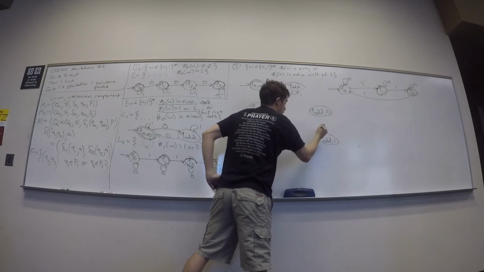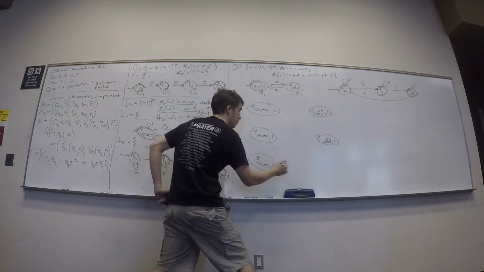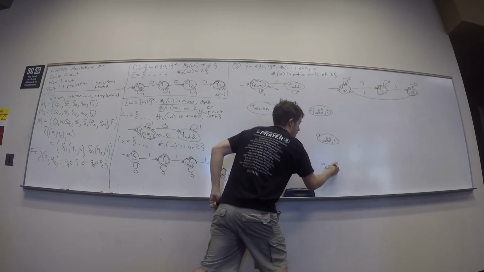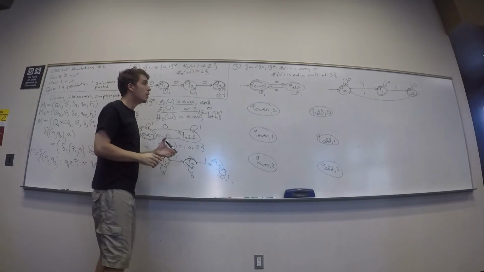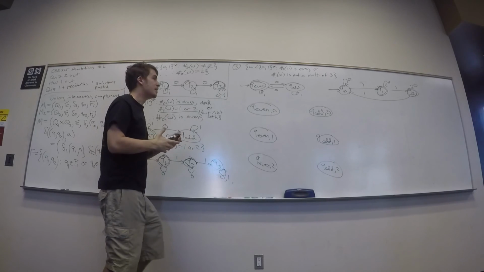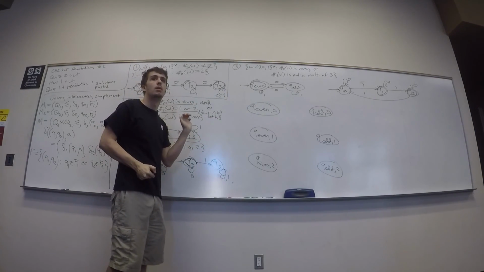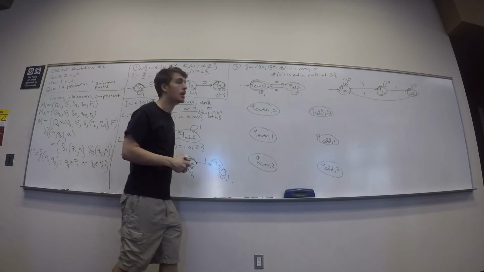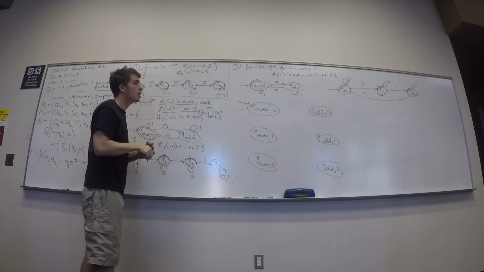I confuse myself sometimes. Q even 2, Q odd 2. All right. So we might not get to everything, but what's the start state going to be of this machine? Q even 0, because those are the two start states of the machines.